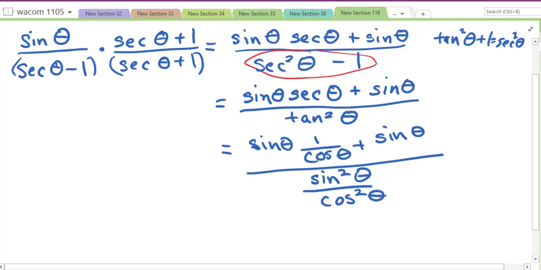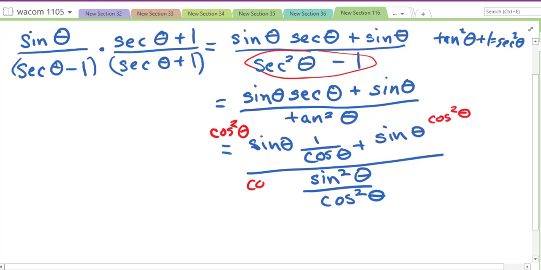Now, we are going to clean up this complex fraction and get rid of these fractions in the denominator. So let's multiply by the common denominator, which would be cosine squared theta. So I'm going to multiply the whole numerator and denominator by cosine squared theta, and that will take care of this piece.